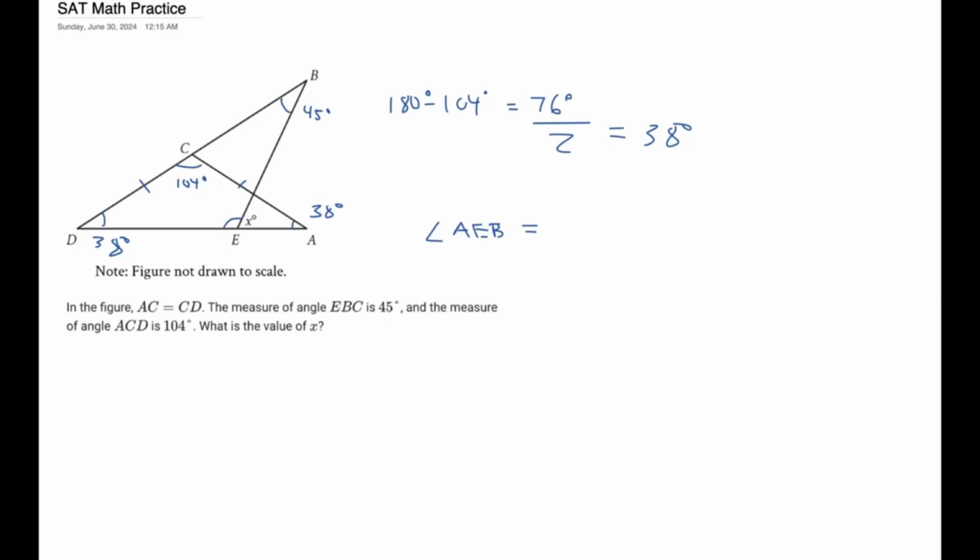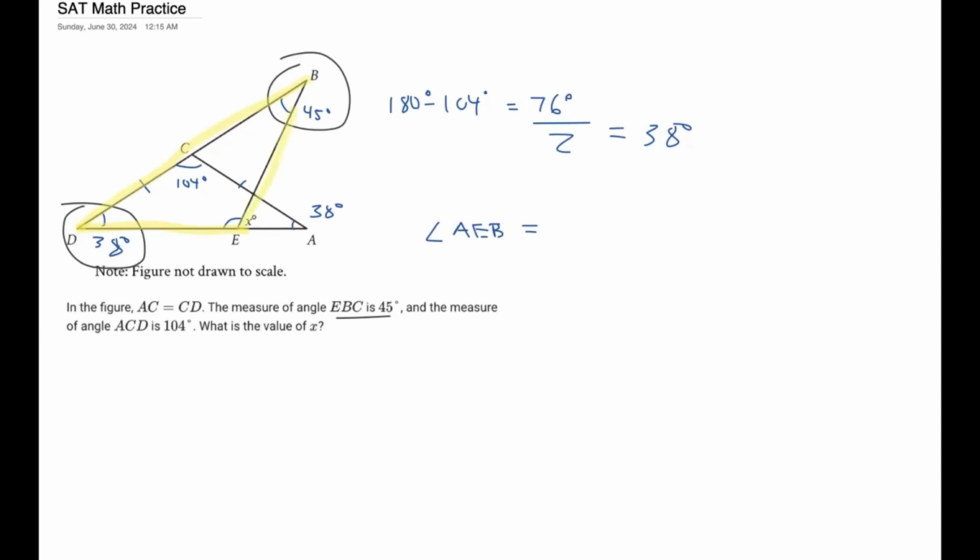Well, it's actually pretty interesting because they gave us the measure of EBC, this angle up here, and we just figured out the angle of BDE. And so these two angles make up a portion of this triangle, right? So it's this triangle right here. Boom, boom, boom. This triangle, all right?